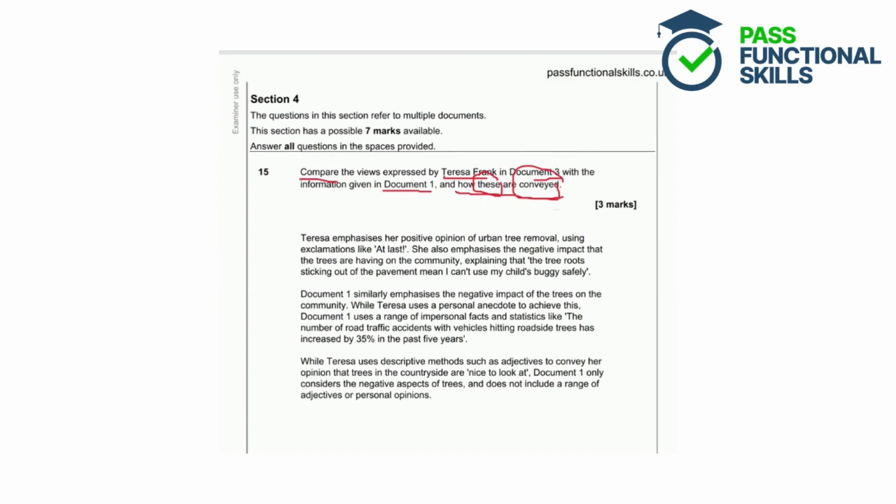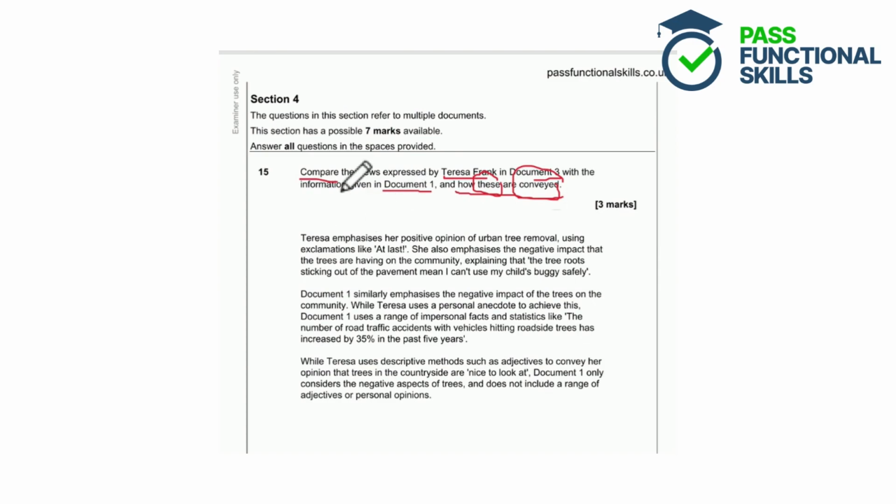Okay, so the mark scheme for this question states that for 3 marks we need to show a clear and explicit comparison of views expressed by Teresa Frank in document 3 and document 1 with examples from both sources. So, in other words, we need to refer explicitly to both documents, compare them, and we need to give evidence from both documents.